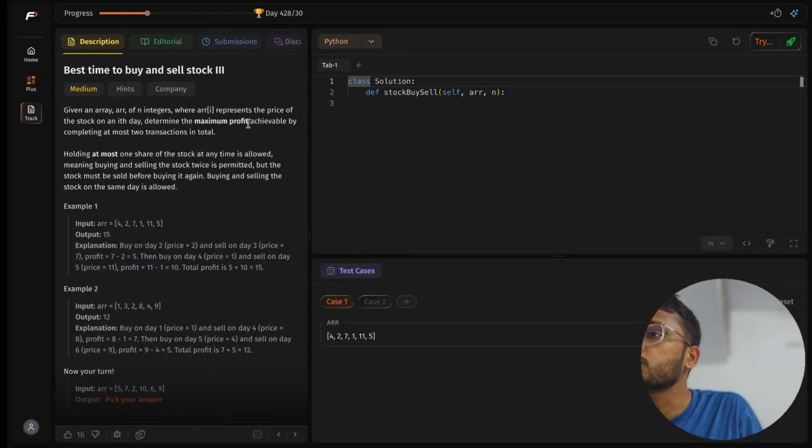Holding at most one share of the stock at any time is allowed, meaning buying and selling the stock twice.